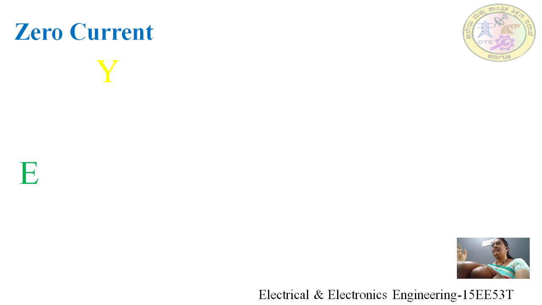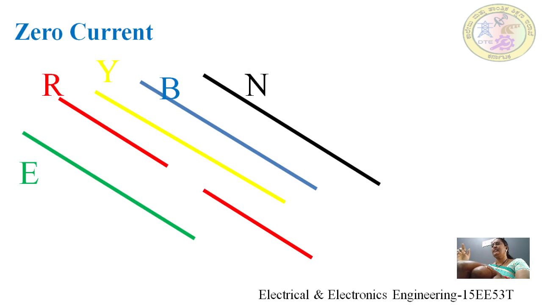Next, zero current. Once again we are considering a transmission line. Here in this figure, R is a phase. That phase is open here. Because of that open state, the R phase current is zero. And along with that there is a short circuit between R phase and earth.